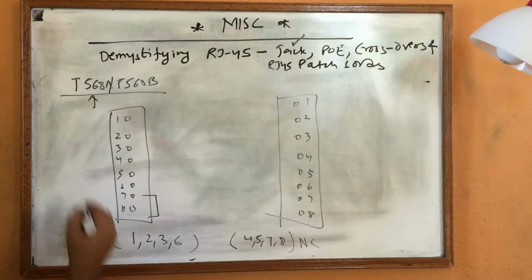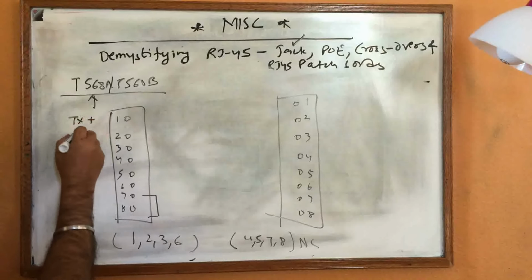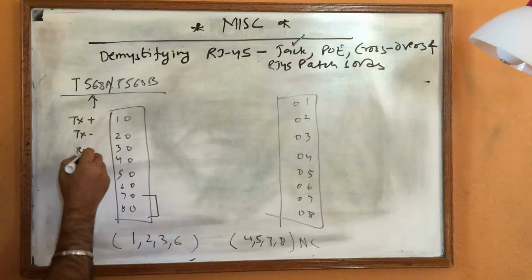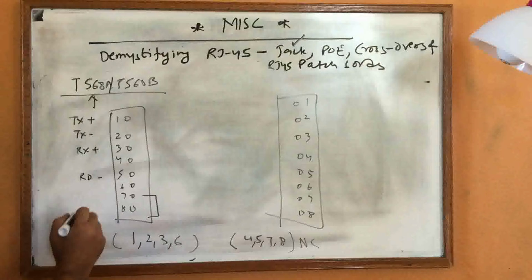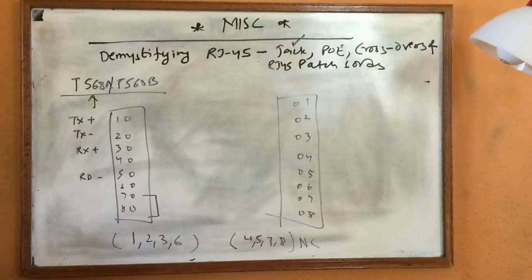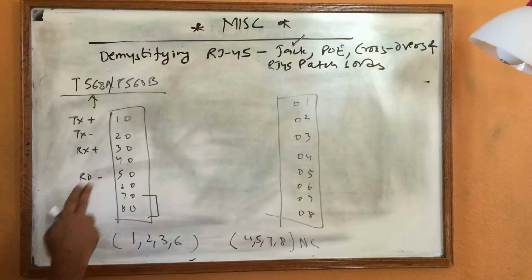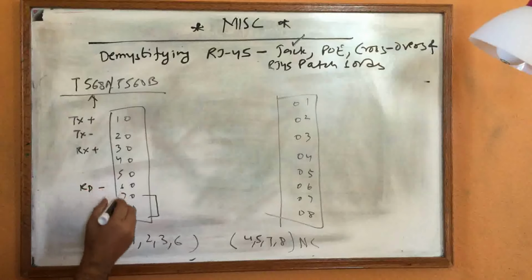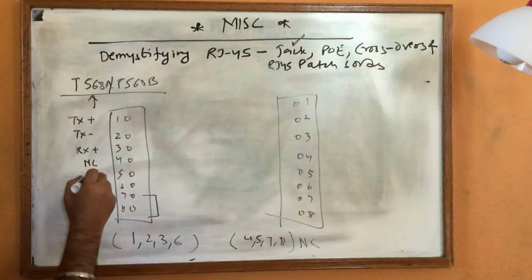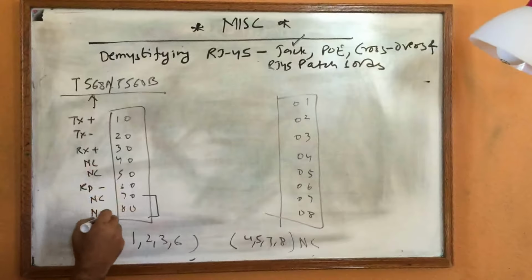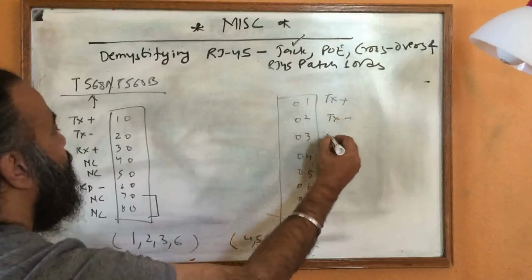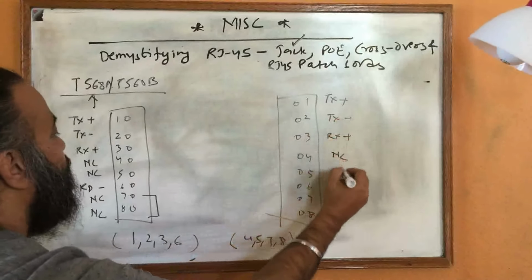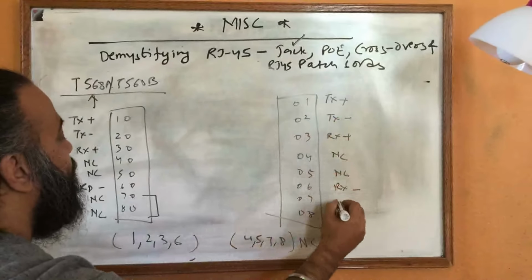And the configuration is TX positive, TX minus, RX positive, NC, NC, RX minus, NC, and NC.